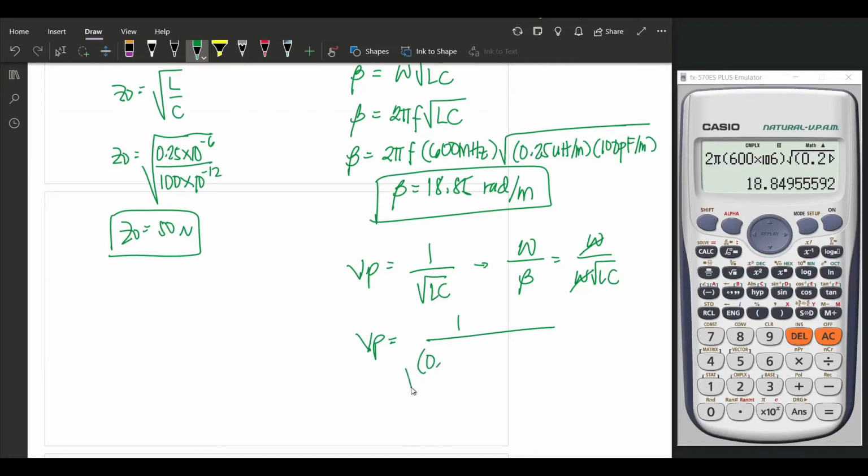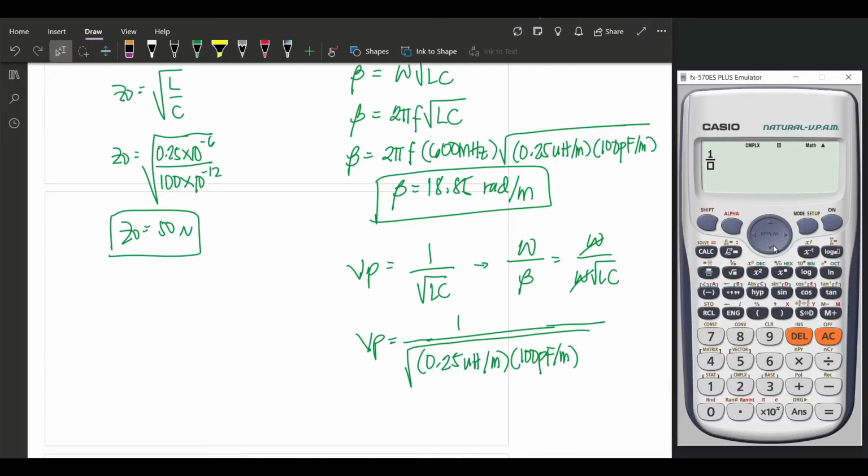So this is 1 over square root. Then so this will be the velocity on the line. It's 200 times 10 raised to 6.